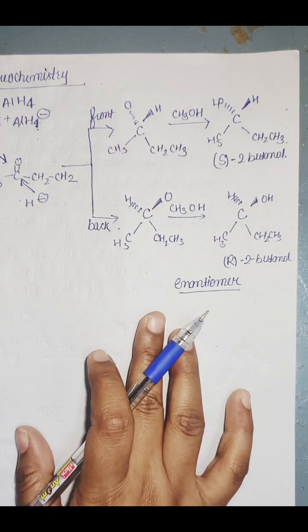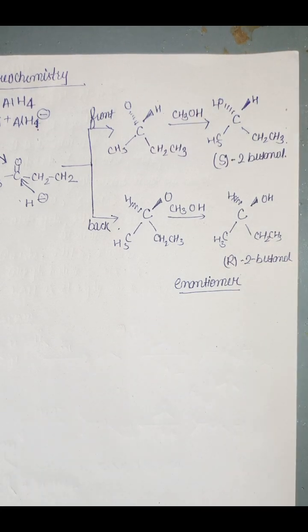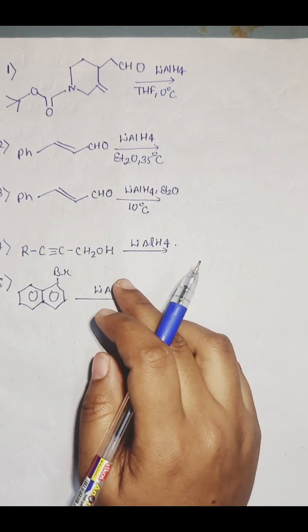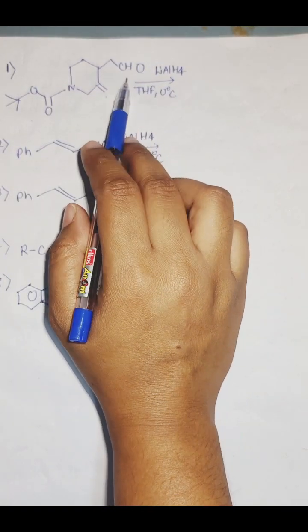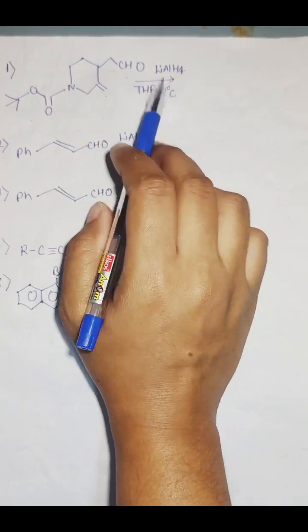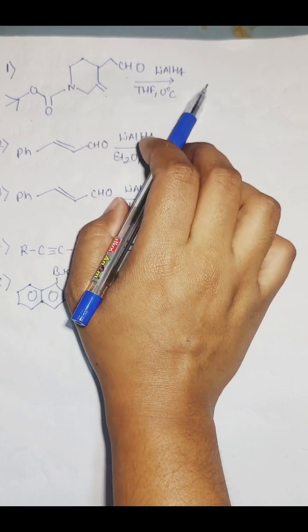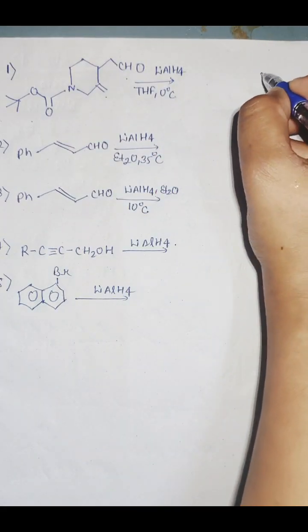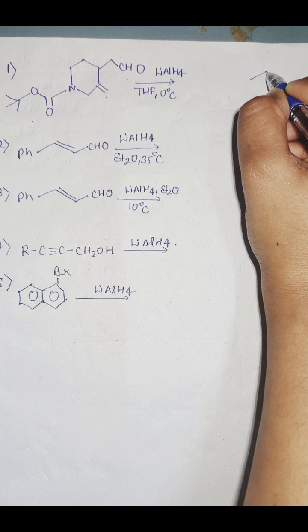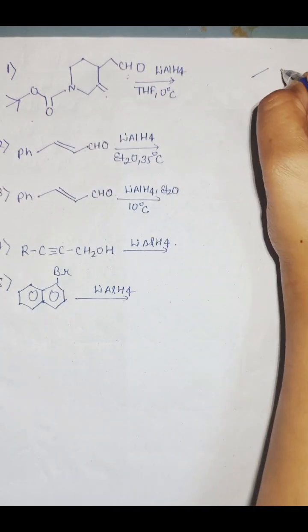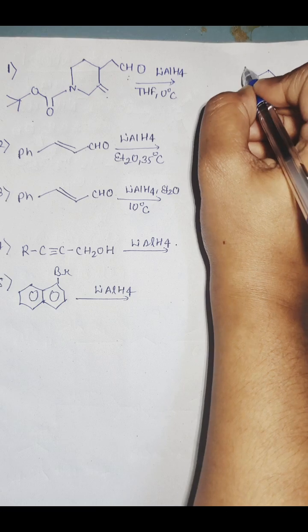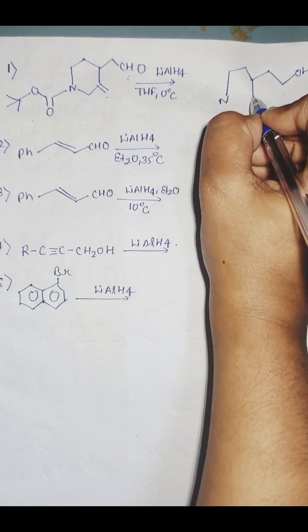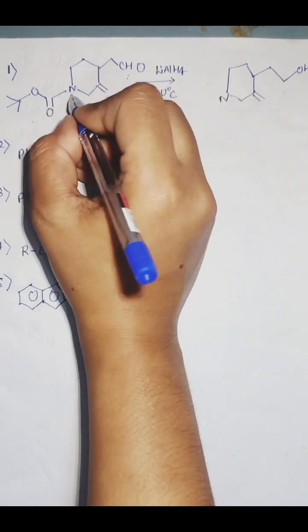Now we are going to discuss some examples. I have written 5 examples here. Now solve them. The first, we have a CHO group and LiAlH4. What is that? It reduces in the form of alcohol. The whole group is there, and this will simply convert into CH2OH. And here the same group.